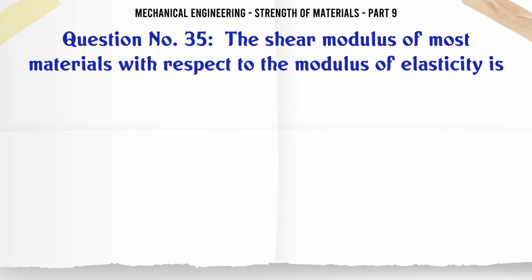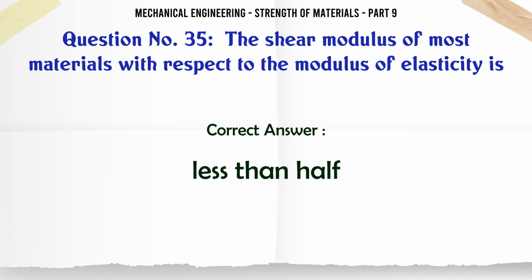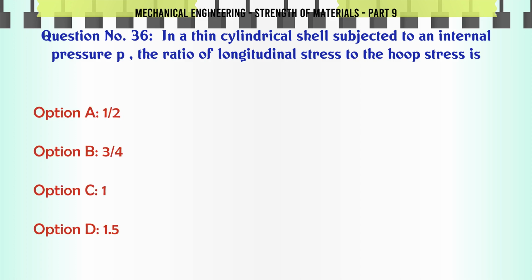The shear modulus of most materials with respect to the modulus of elasticity is A, equal to half, B, less than half, C, more than half, D, none of these. The correct answer is less than half. In a thin cylindrical shell subjected to an internal pressure P, the ratio of longitudinal stress to the hoop stress is A, 1/2, B, 3/4, C, 1, D, 1.5.